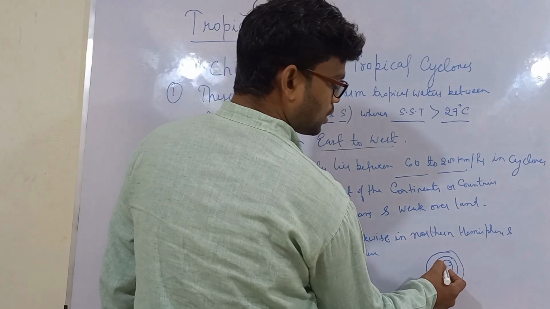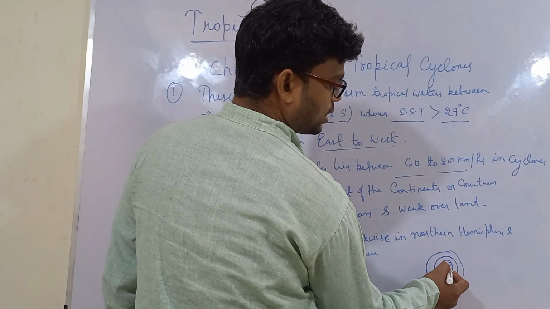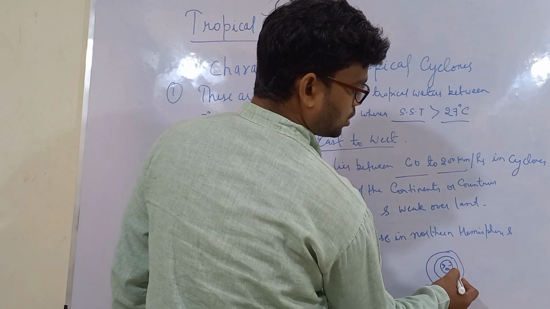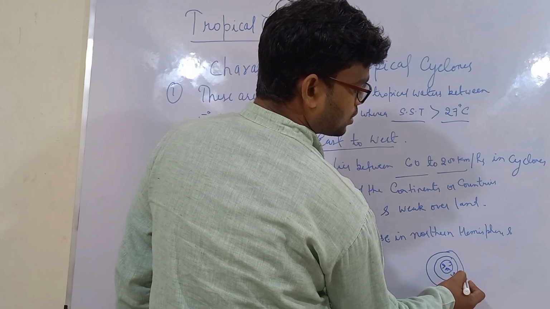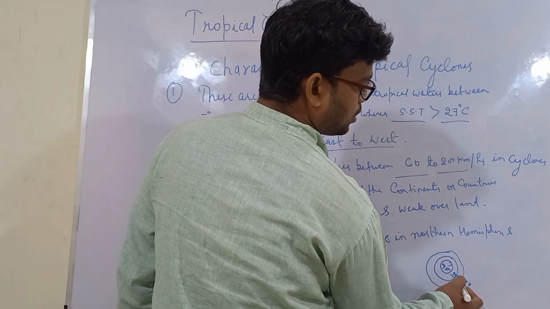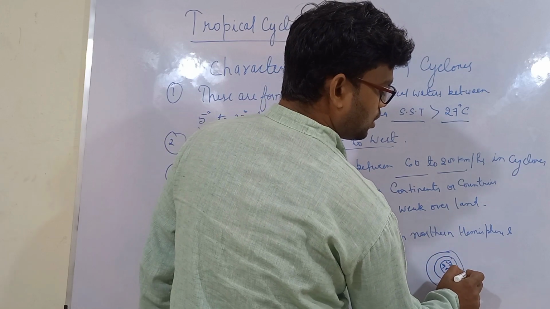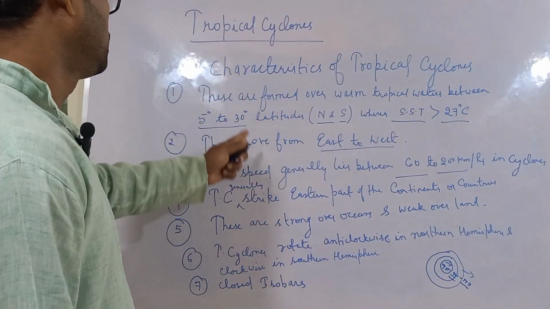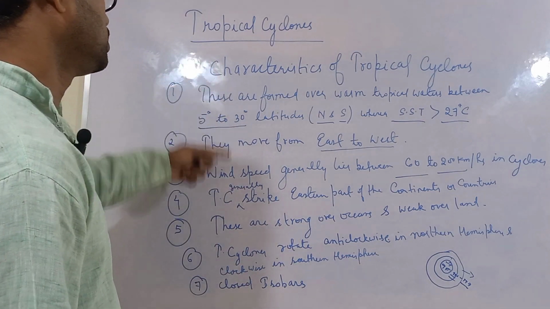It means if the pressure in the center is 995, this will be a closed region, and the pressure outside will be 996, 997, very near about, the lowest one in the center and the highest one outside. So this is the seventh and the last characteristic of this tropical cyclone.